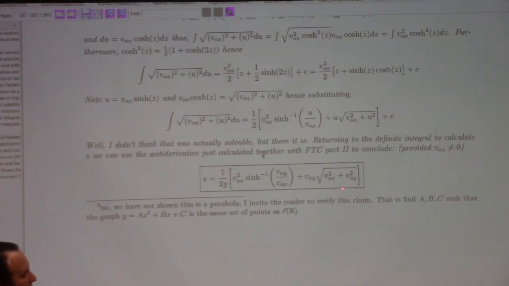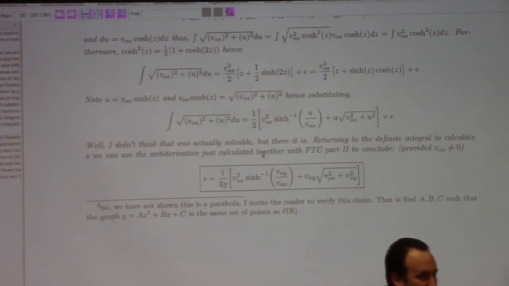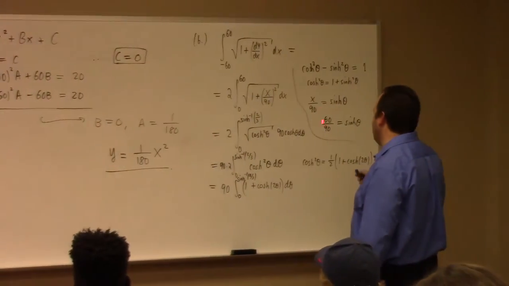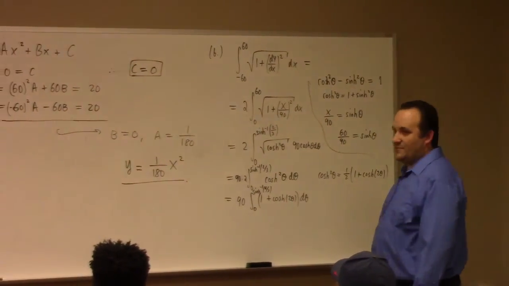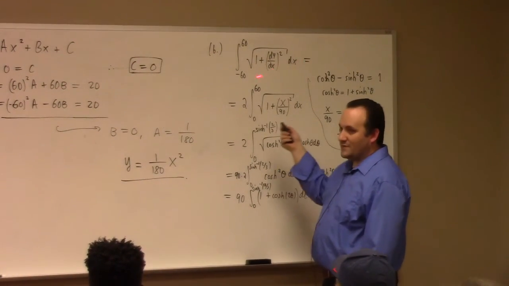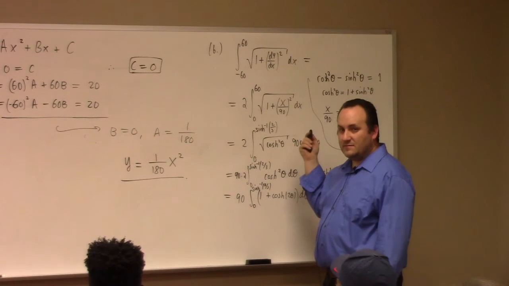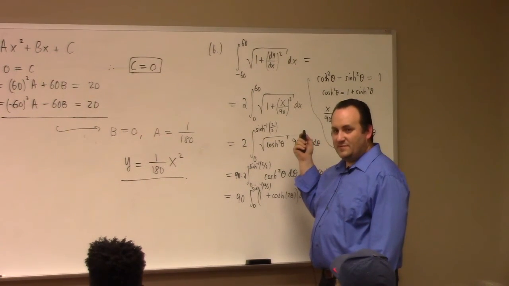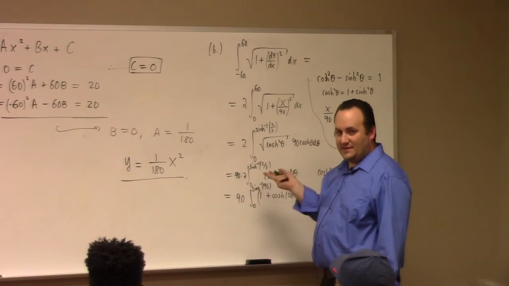Usually, for specific numbers, I would just do this integral numerically, guys. Honestly, if I'm on the job somewhere and I have to calculate this, I'm not going to show my boss, hey, look, you can make this substitution and find this particular number. No, I'm going to pick an appropriate mathematical software, calculate this numerically and be done with it. Because my boss should be very annoyed if I spend an hour to calculate it carefully.